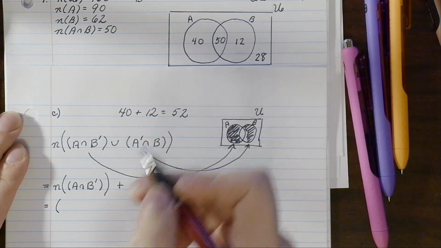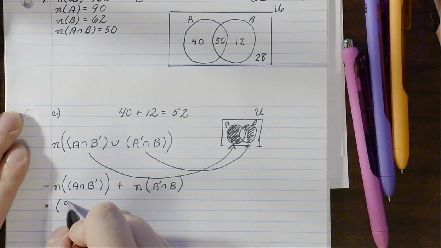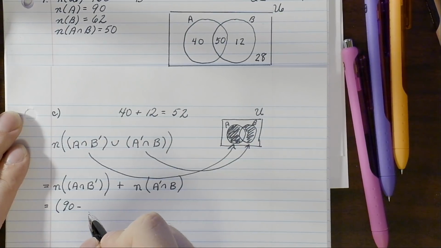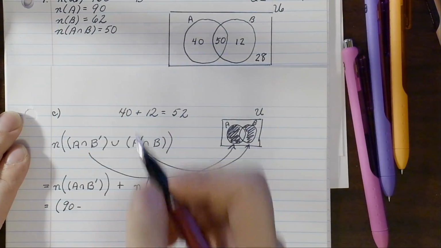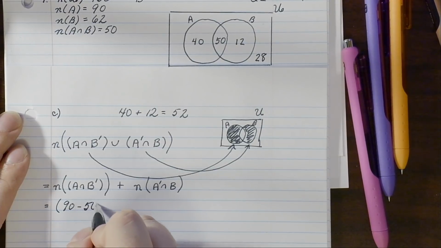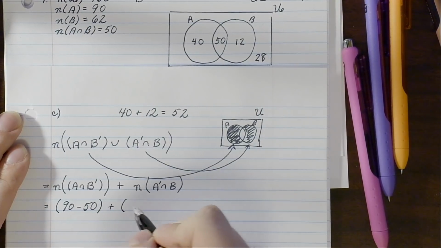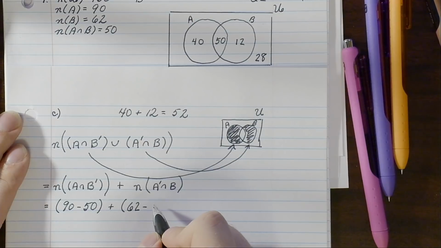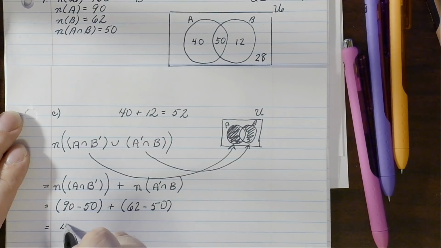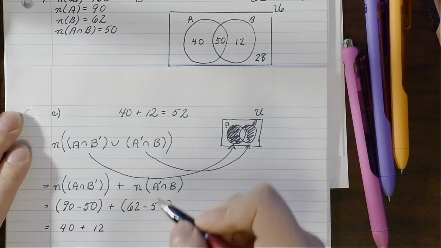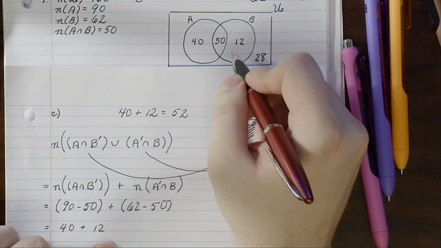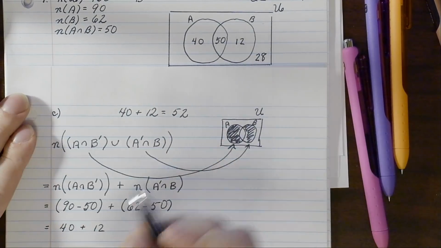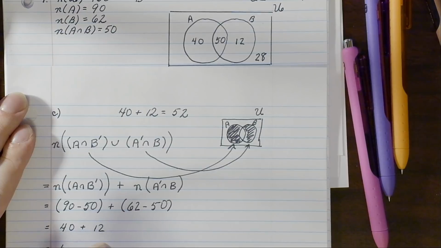It ends up being 40, but what we'll do is we have the A minus the complement of it, which is 50, plus, then I have a complement, which gives me 62, minus the 50. So again, here is my 40 plus 12. These are the numbers corresponding to here, and that's what I wanted right here. And so that gives me 52.